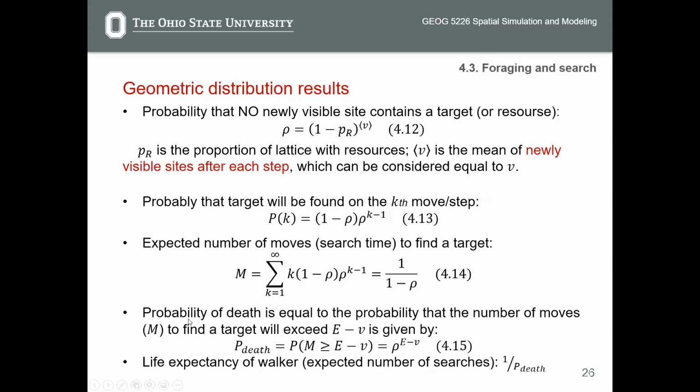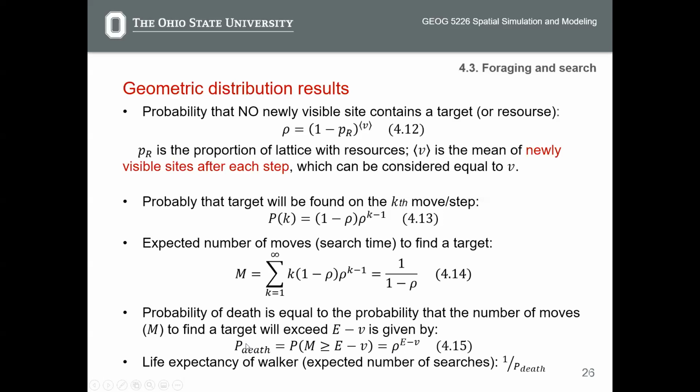So the probability of death is equal to the probability that the number of moves to find a target will exceed the difference between the starting energy and vision. So for the death rate, again, let's just jump to the result: it is equal to rho to the power of E minus V. So this is the death rate, or probability of death.